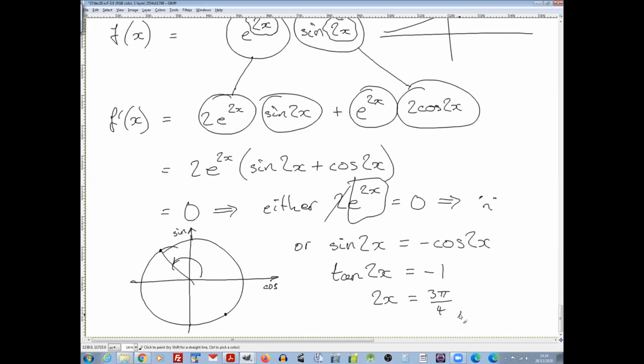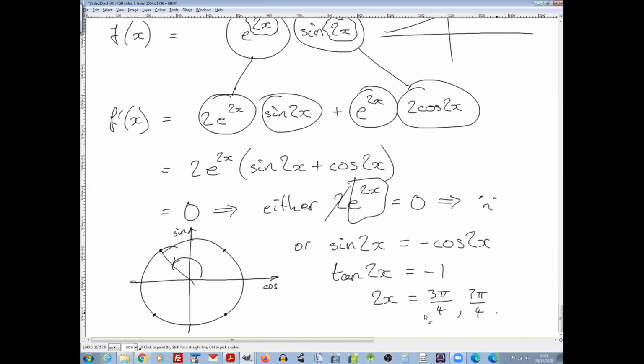Good. Or this, which is which angle? I agree with 4 if you're saying that's 4 to 9 o'clock. But then you've got another 1, 2, 3 quarters, haven't you? Let's go in quarters of pi: 1/4, 2/4, 3/4, 4/4, 5/4, 7/4 of pi is what you meant. Yeah. Okay.